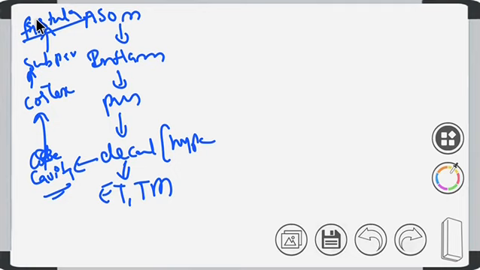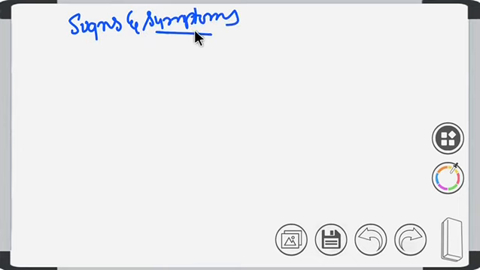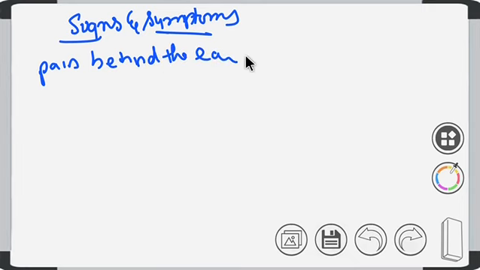Now let's see the signs and symptoms. What could be the signs and symptoms? There will be pain behind the ear. As it is inflammation, there will be fever. There will be ear discharge because there is perforation of the tympanic membrane.